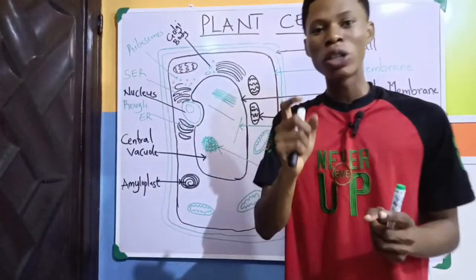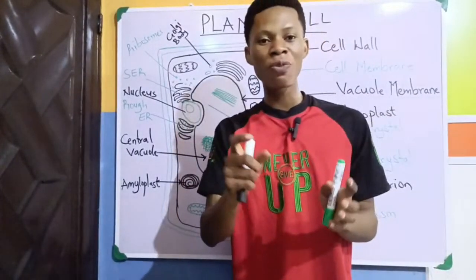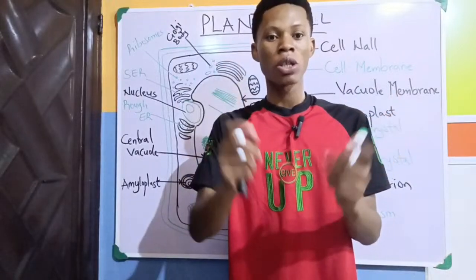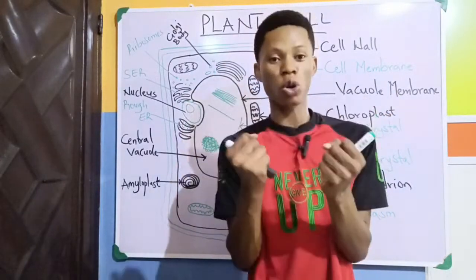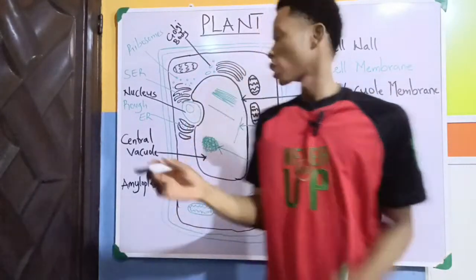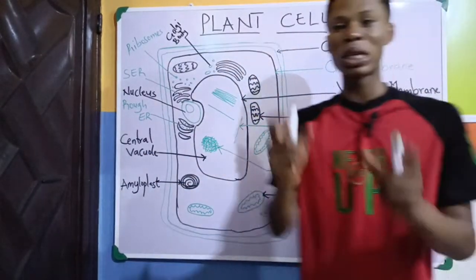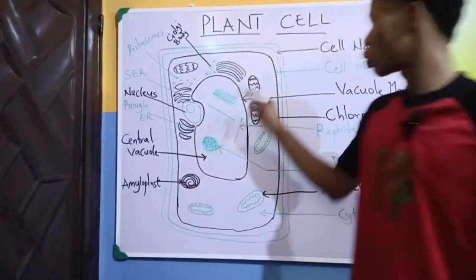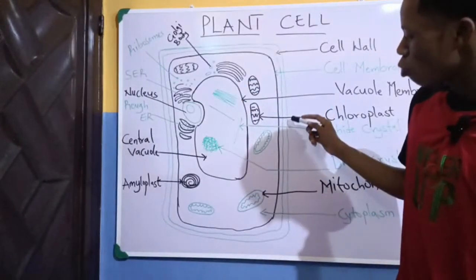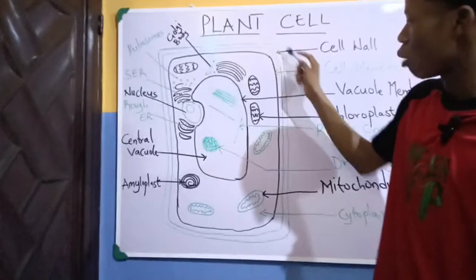The function of the cell wall is to give the cell rigidity, make it strong, make it rigid. So what the cell wall is doing is to make the plant cell rigid.